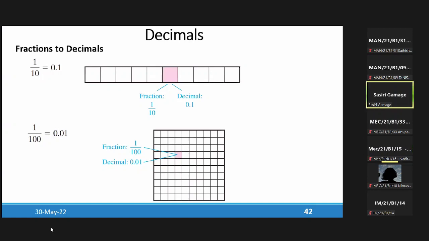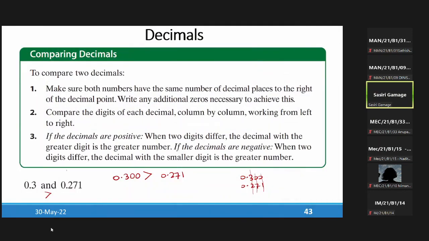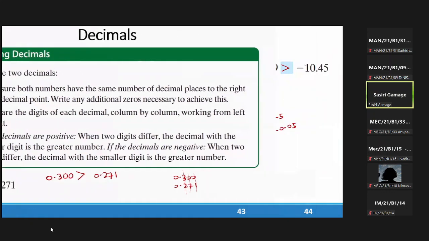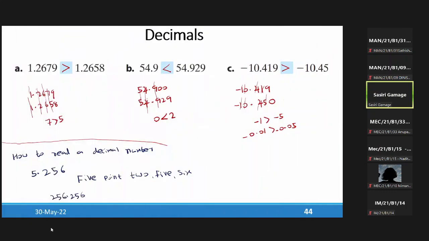We can convert fractions to decimals like this, and this is the way we are writing it. Then I think you have the idea about it, everyone. Then we compared the decimals, that means greater than or less than. And we did some examples as well.